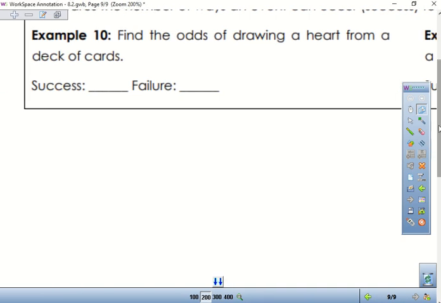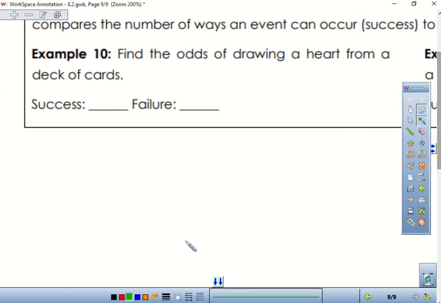So, find the odds of drawing a heart from a deck of cards. So, how many chances are there for success of drawing a heart out of a deck of cards? 13, because there's 13 hearts in the deck of cards. And how many cards in the deck are not hearts? 39.